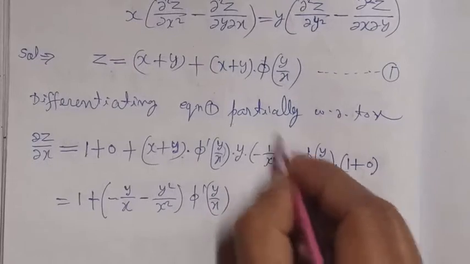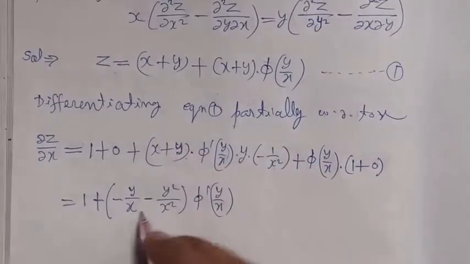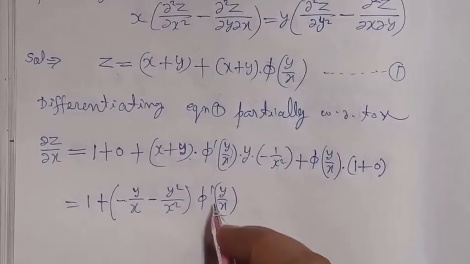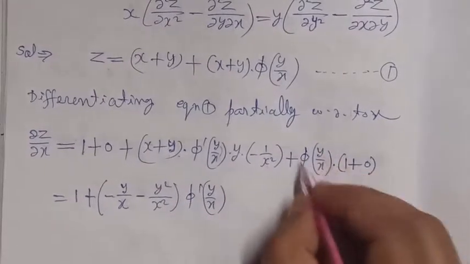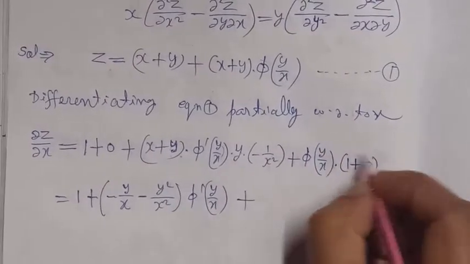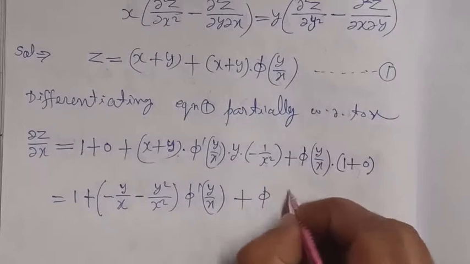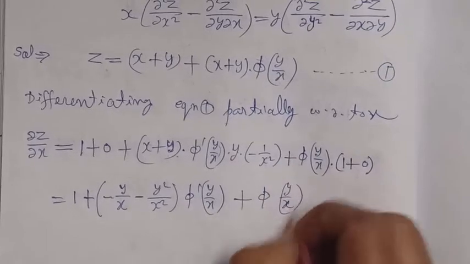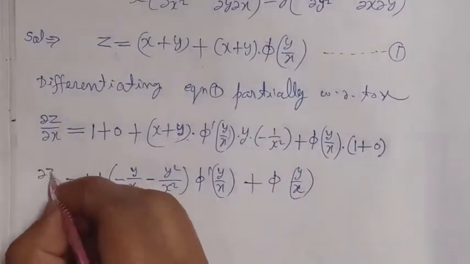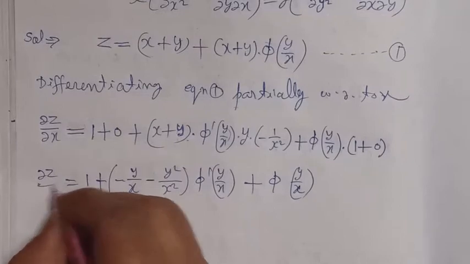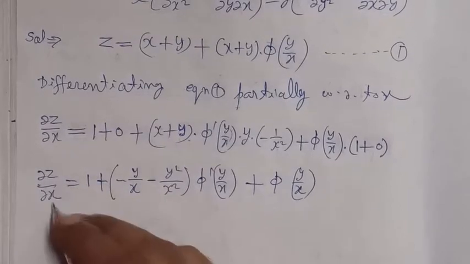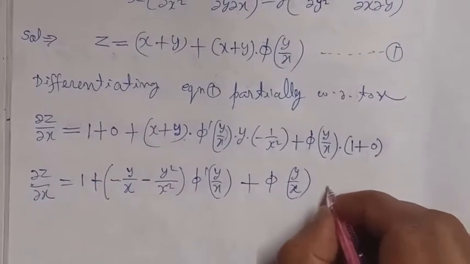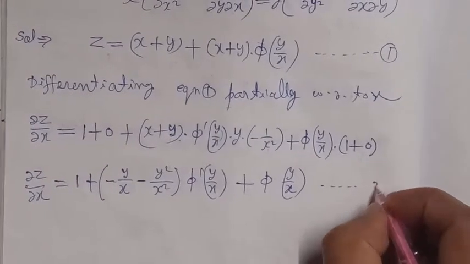I multiplied this whole value into the bracket and got this value. Now I write this term 1 multiplied to this function, equal to phi y upon x. This is the value of del z over del x. We call it equation 2.